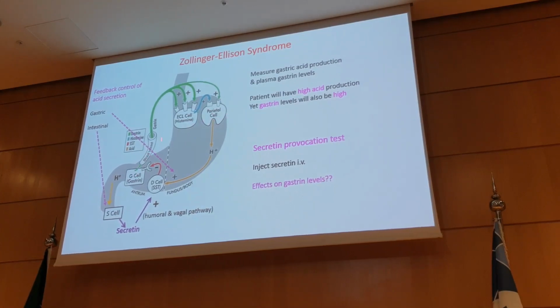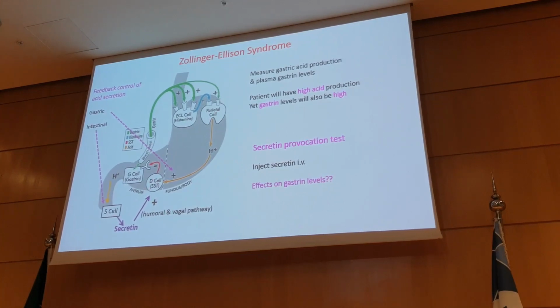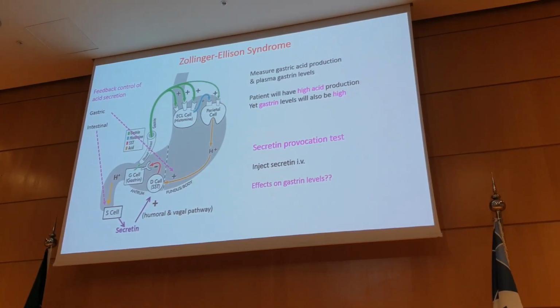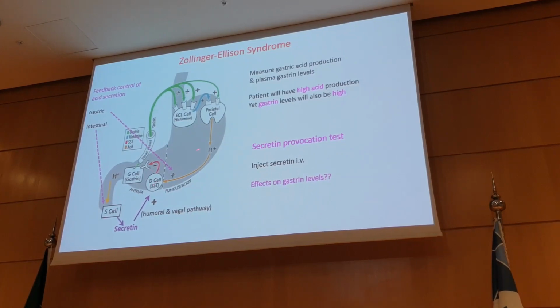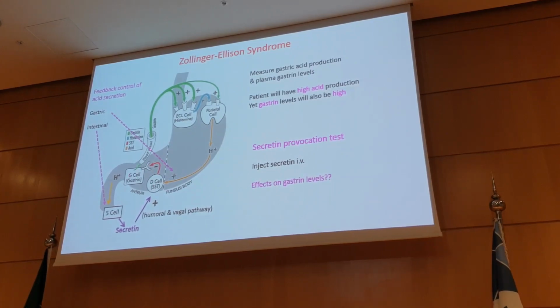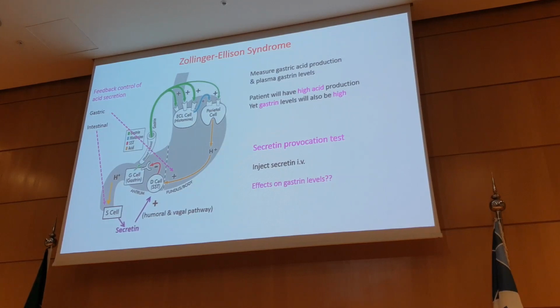So the bottom line is you have gastrin and you have acid. Acid comes down here to the D cell, right, and turns it on. The D cell makes somatostatin, SST. It turns off the acid, right? So you've got a Newtonian type of feedback loop. Too much acid, turns it off. Too little acid, turns it on. Okay? Everything's working nicely.